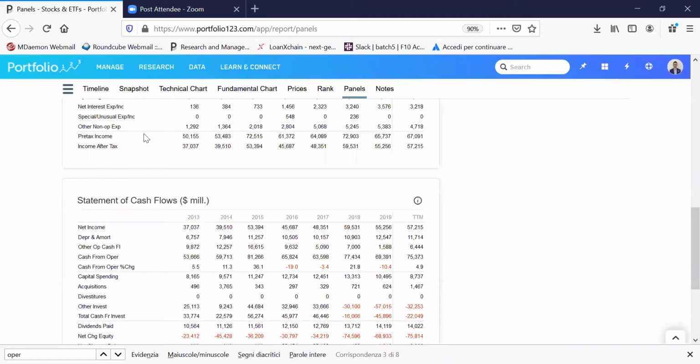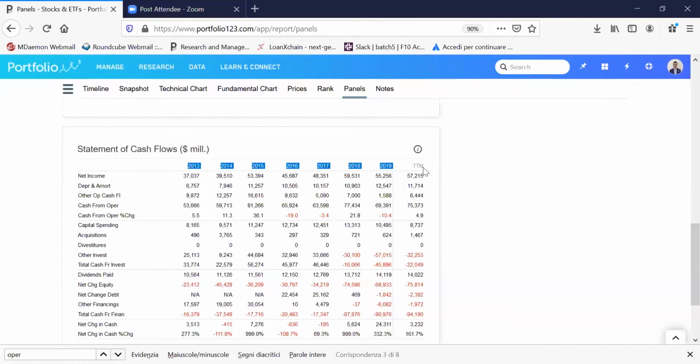So if we take the last 12 months, we are seeing that cash from operations is actually higher than net income, even after taking out capital spending, which is the line item that represents how much the company is spending to maintain its assets.